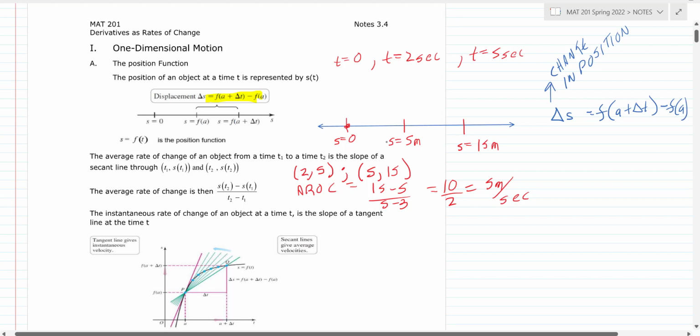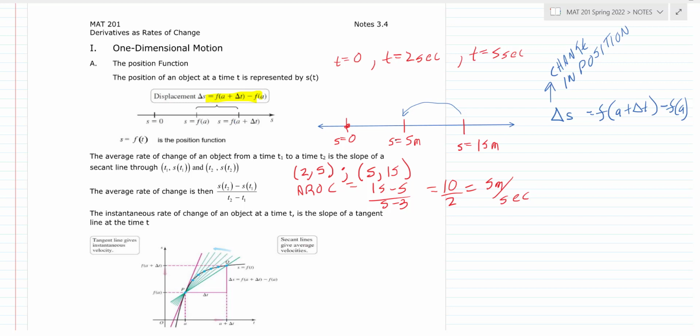That's no different than what I did here. When I did an average rate of change, I did the change in displacement, which would be 15 minus 5. That doesn't give the slope, but it gives the rise when you're doing your average rate of change. So that's what that part of the formula says.